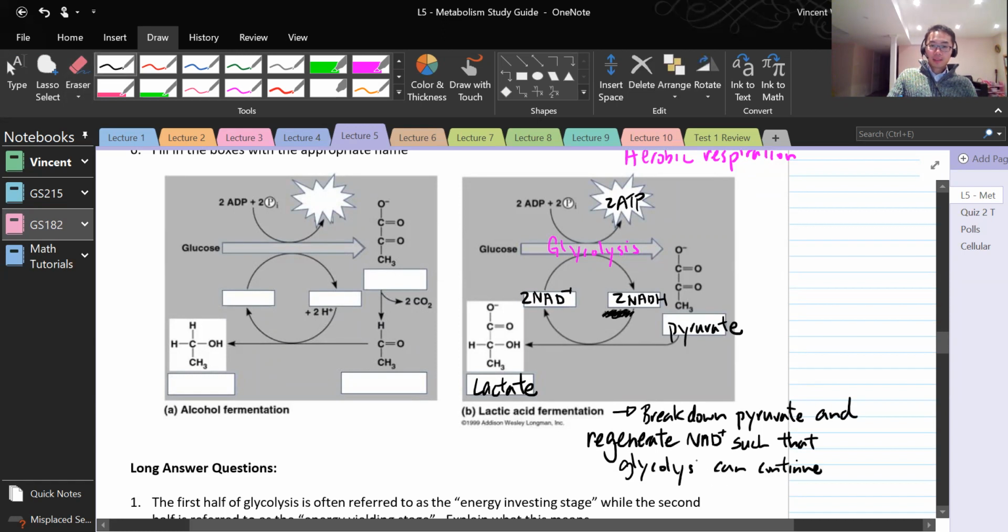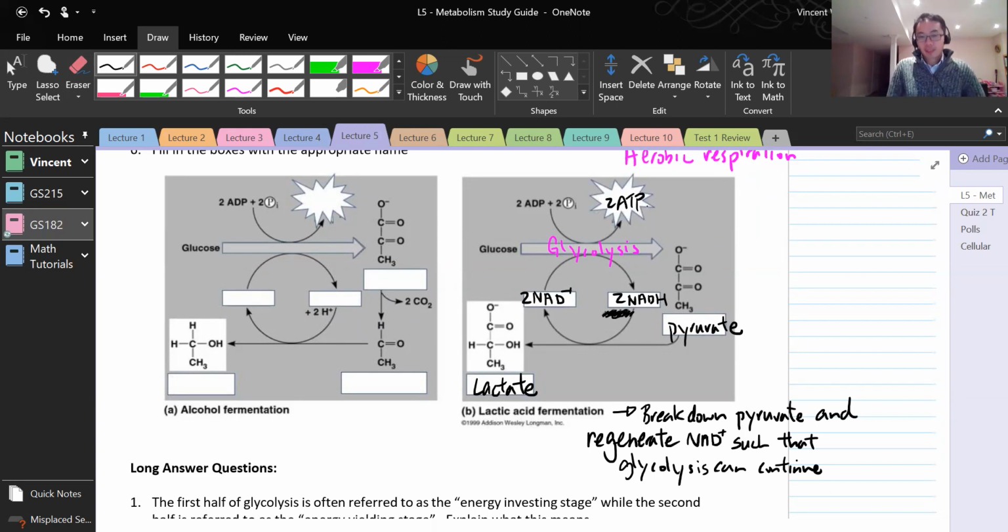Okay. I mean, it's not fantastic because glycolysis can only produce 2 ATP, but it's better than nothing. Okay, it will keep you going for a couple more seconds and then you will have to stop.